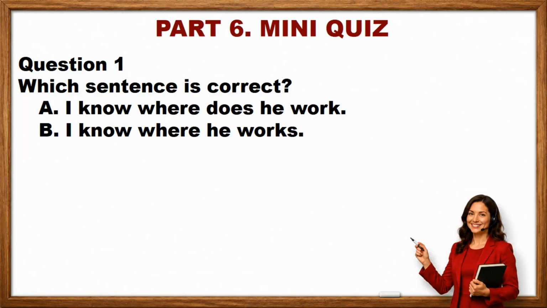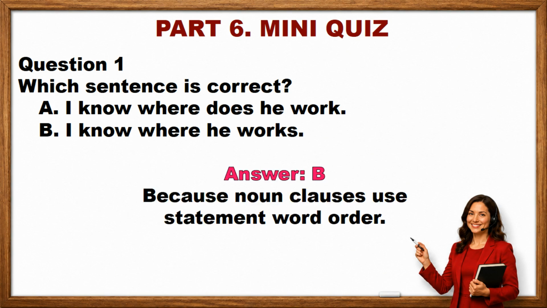Part 6. Mini quiz. Let's test your understanding. Question 1. Which sentence is correct? A. I know where does he work. B. I know where he works. Answer: B. Because noun clauses use statement word order.